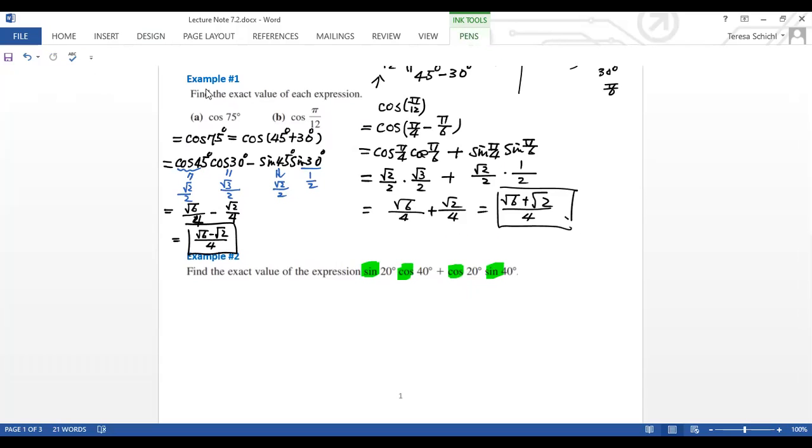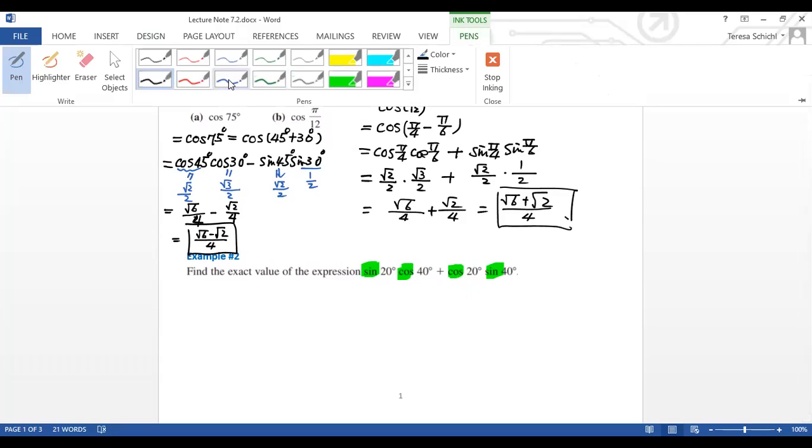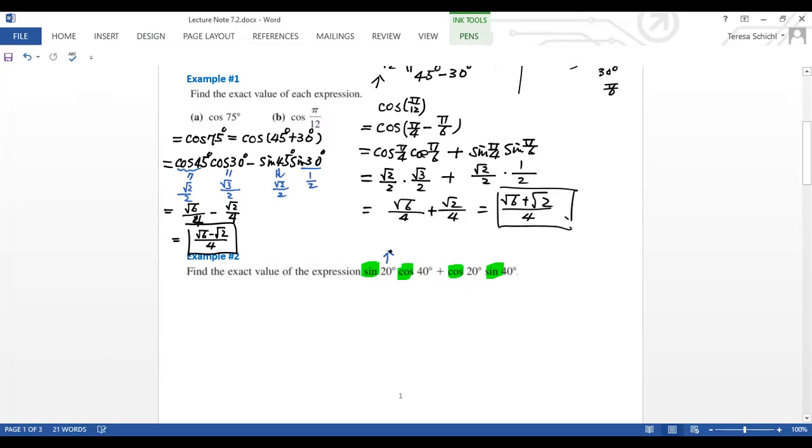What formula can I use here? Say this is my angle S and this is my angle T. So this becomes sine S cosine T plus cosine S sine T.